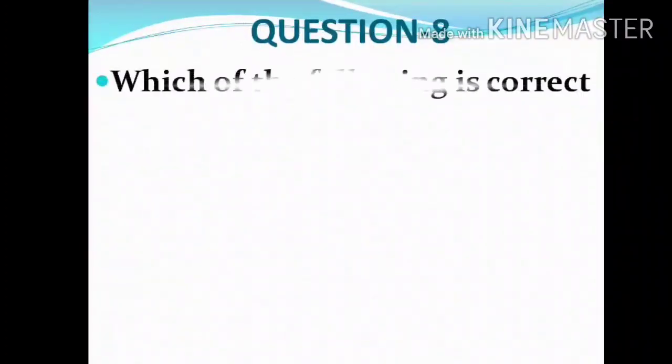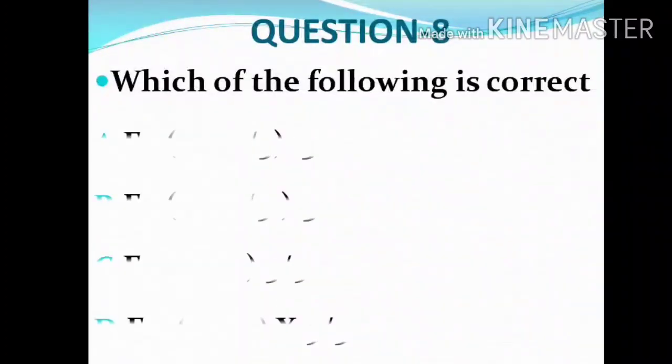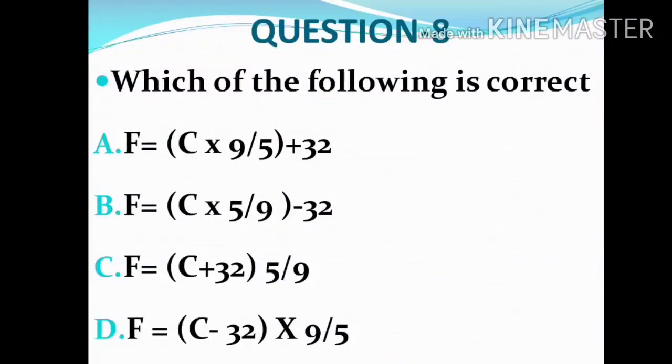Question number 8. Which of the following is correct? Options: F is equal to C into 9 by 5 plus 32. F is equal to C into 5 by 9 minus 32. F is equal to C plus 32 into 5 by 9. F is equal to C minus 32 into 9 by 5.